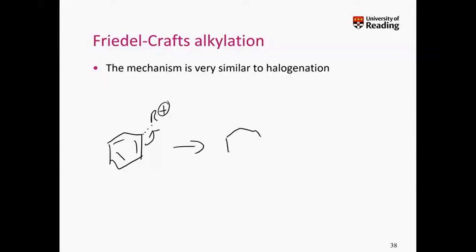Okay, and then we've got our aromatic ring. Again, these bits over here, we haven't changed, we haven't done anything to. It's here that we've added the R group, and that means that the carbon that was down here has lost its electrons, so it gets the positive charge. And again, we can draw all those resonance structures in if we want to.